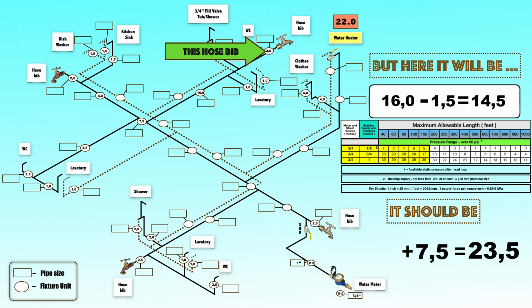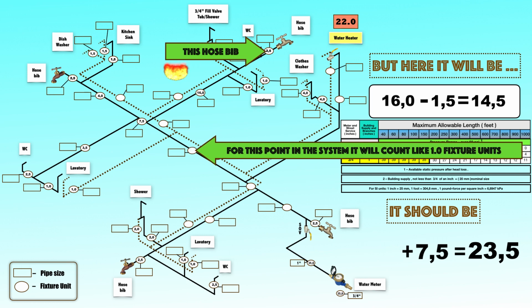This hose bib, for this point in the system, will count like 1.0 fixture units.